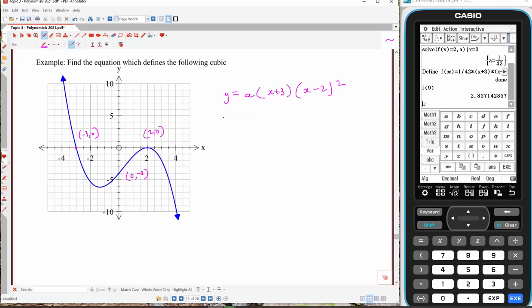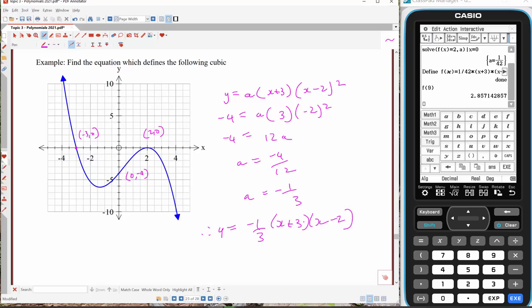Let's substitute in negative 4 equals a times 3 times negative 2 squared. That's going to be negative 4 equals 12a. A equals negative 4 on 12, so a equals negative 1 on 3. Therefore, my equation is y equals negative 1/3 times x plus 3, x take 2 squared.